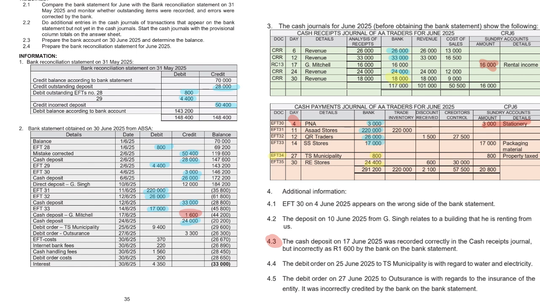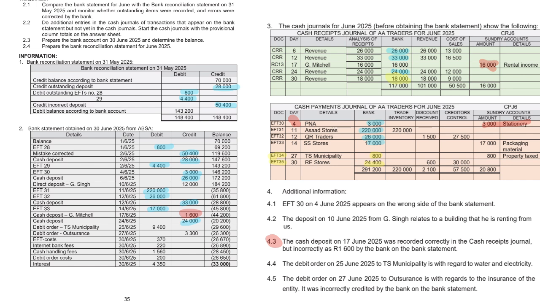That must now also be fixed. So how are we going to fix that? We are going to post it to our bank reconciliation statement under outstanding EFTs debited. Number 134 and number 135. So I'm just highlighting that in yellow to remind you that those two entries have not been recorded, so we need to put them into our bank reconciliation statement.